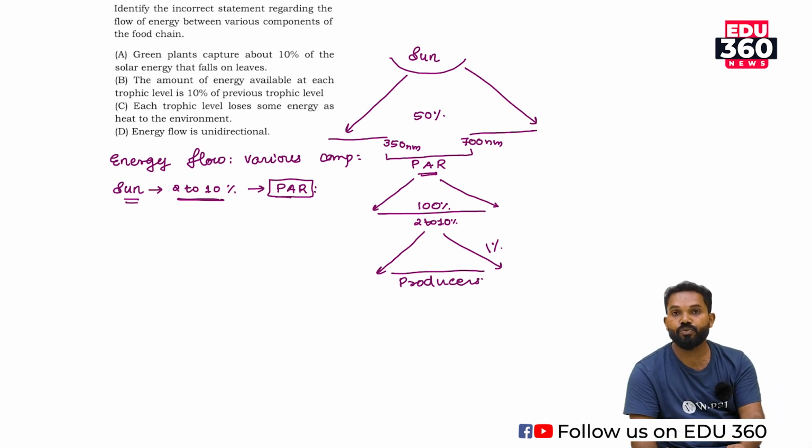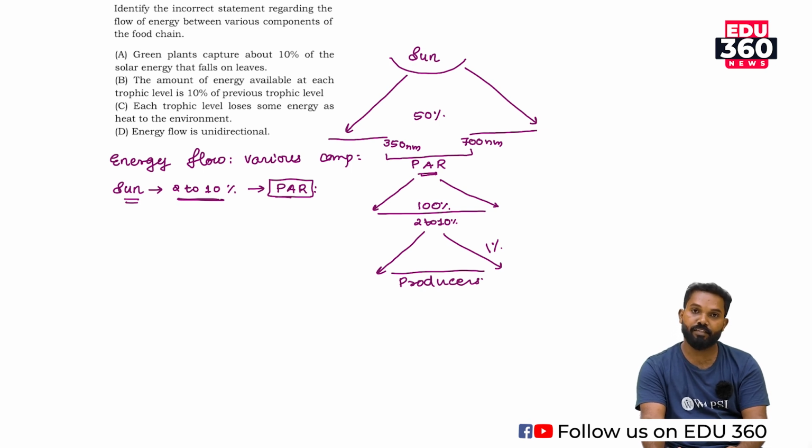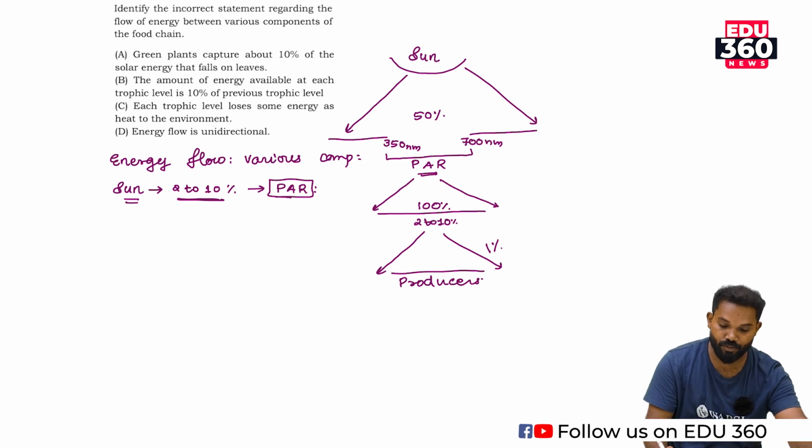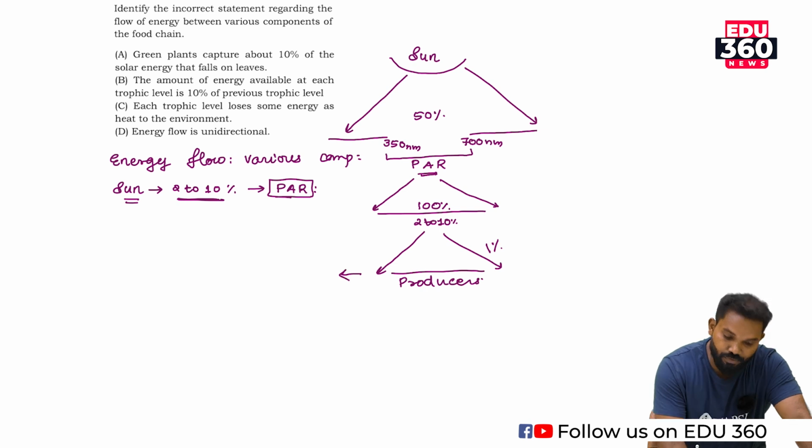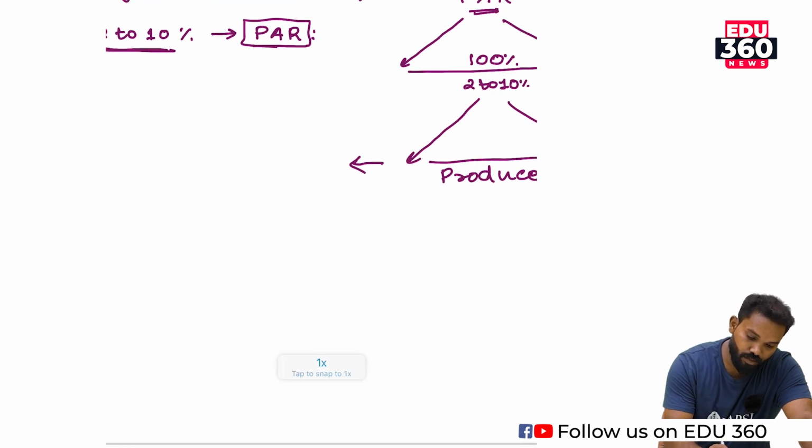according to the 10% law, in the energy transfer from one trophic level to the next trophic level, only 10% of energy is transferred from one to the next. 90% of energy is lost as heat during the transfer. So there are different trophic levels.